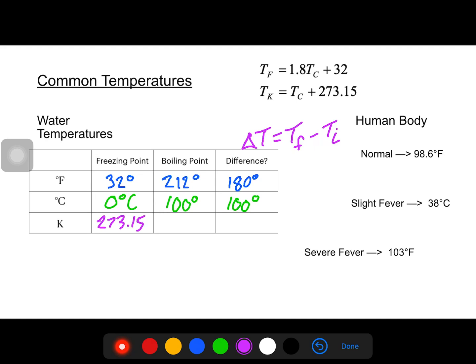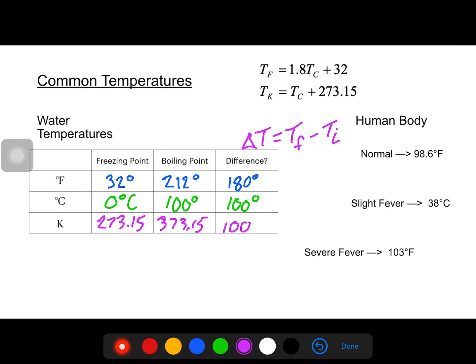That's the freezing point of water in Kelvin. If you take 100 and add 273.15, the boiling point of water is 373.15. But once again, this difference is 100 degrees.